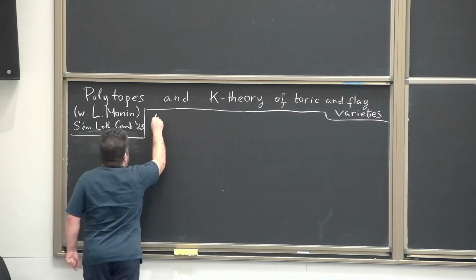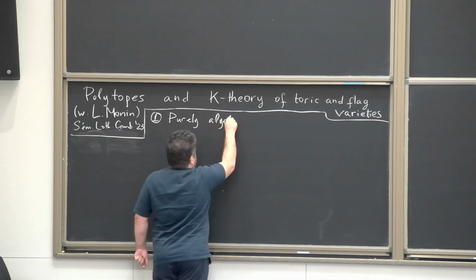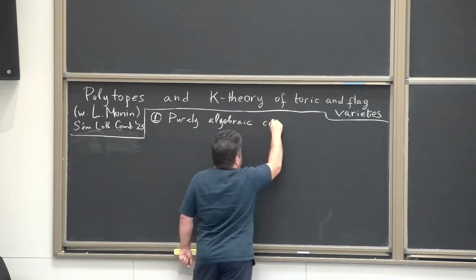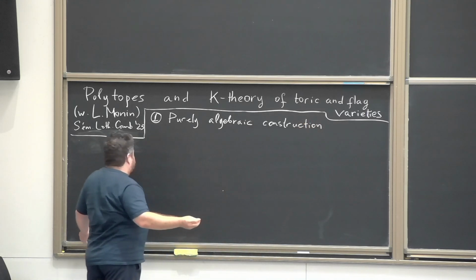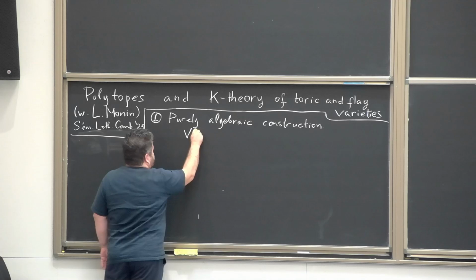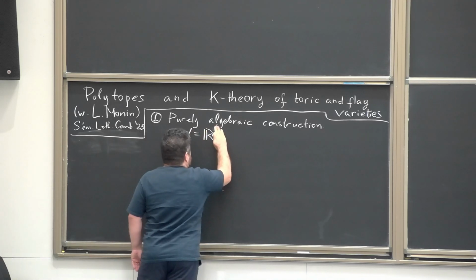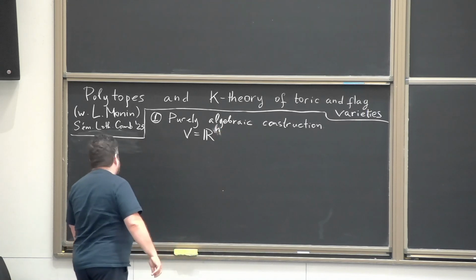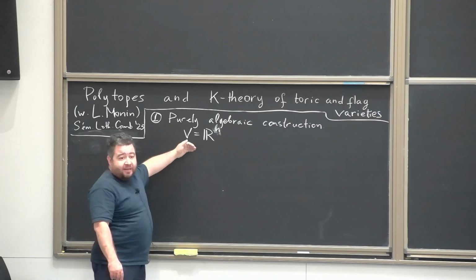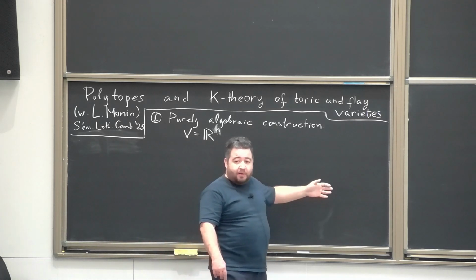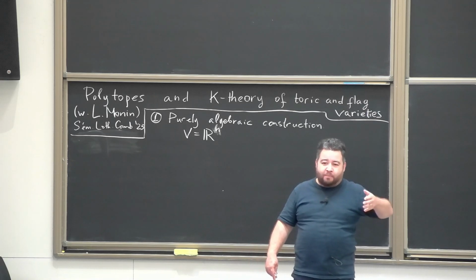Part one, purely algebraic construction. Let us take a finite dimensional vector space over R. Let V be R to the power n, and we can consider polynomial functions on this space. As opposed to the previous talk, my talk requires some preliminaries, so you're supposed to know what a polynomial is.